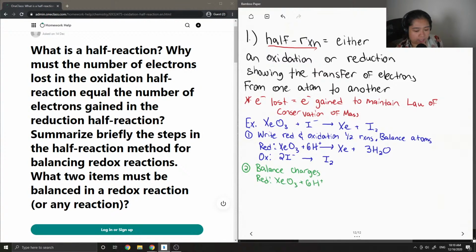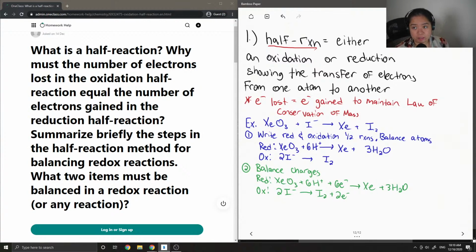So to neutralize these protons, I need to add 6 electrons to my reactant side, and my product side just stays the same. For my oxidation reaction, I have 2 negatively charged ions, so to this side I just need to add 2 electrons to balance out those charges.